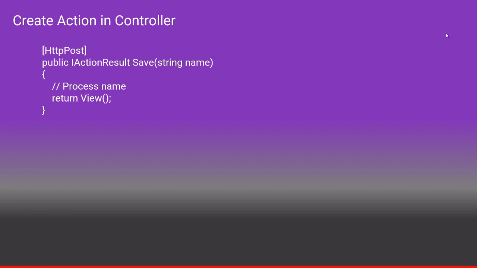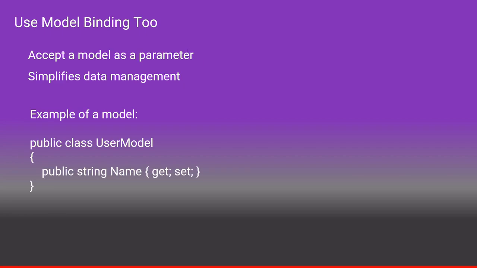In addition to accepting simple parameters, ASP.NET Core supports model binding, allowing you to pass an entire model to your action method. This can greatly simplify data management, especially when dealing with multiple fields.